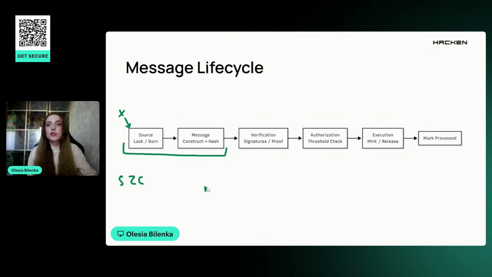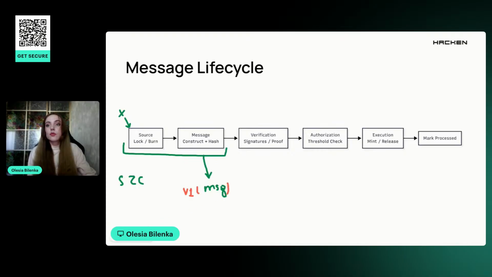Then the message with this data is constructed and hashed. Off-chain validators listen for the events and they sign the verification of these messages.